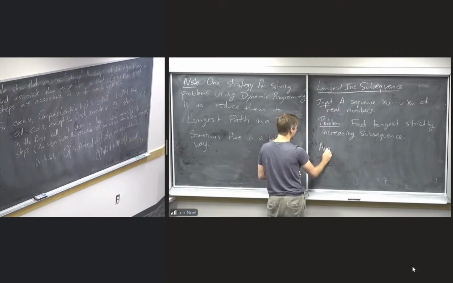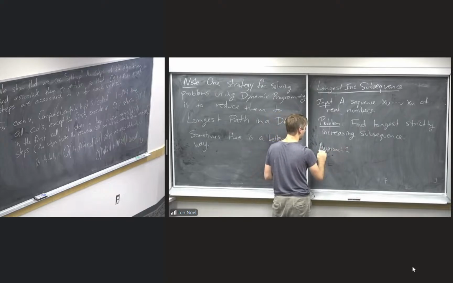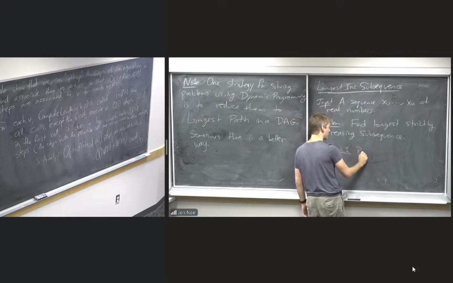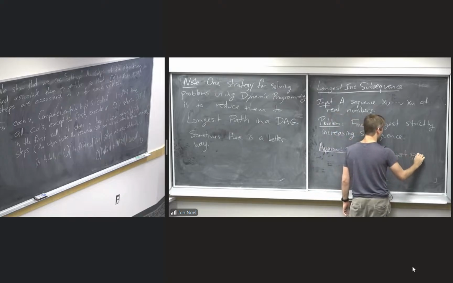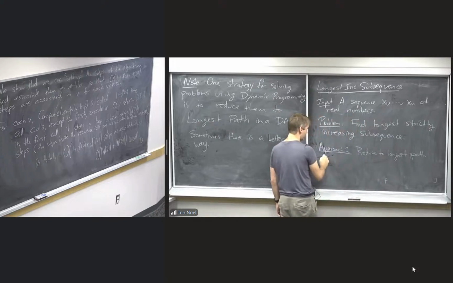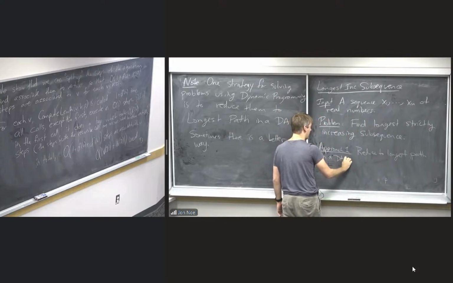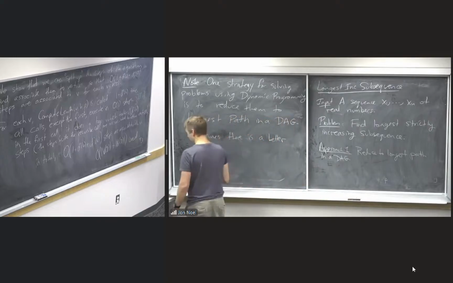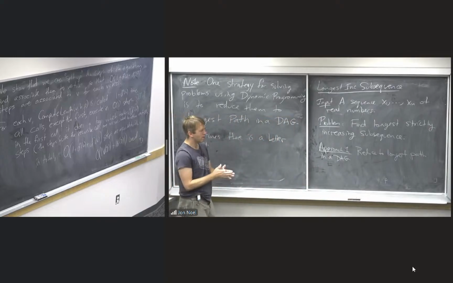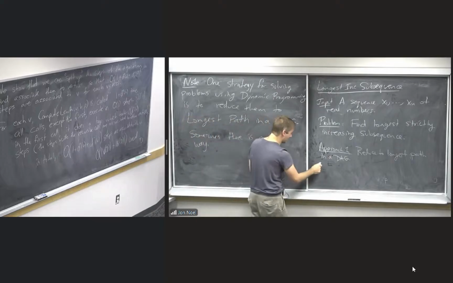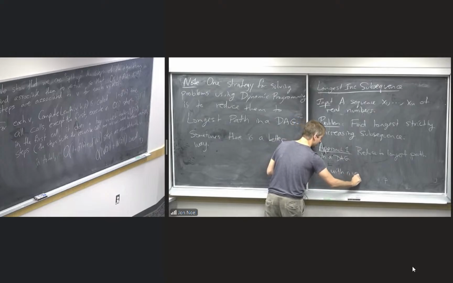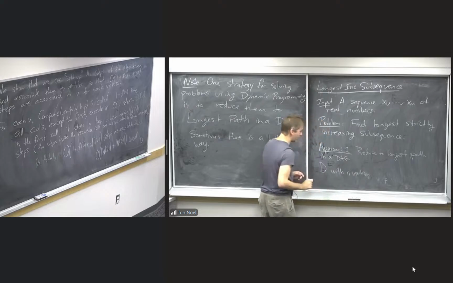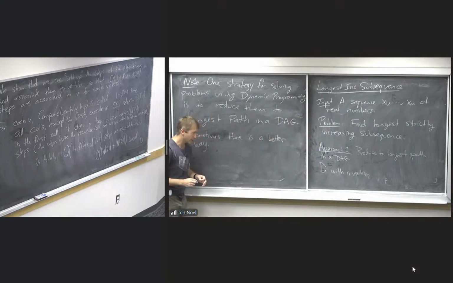So I guess the first approach would be to just reduce to a longest path problem in a directed acyclic graph. So maybe I'll let you guys think about it. What I want you to come up with is a digraph D with n vertices. My question is, what would be the arcs of the digraph for this reduction?